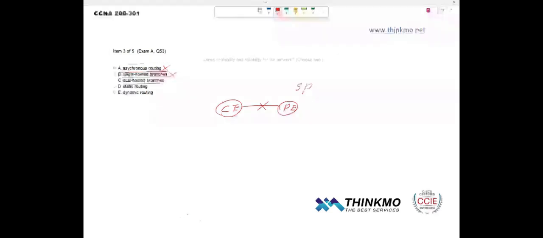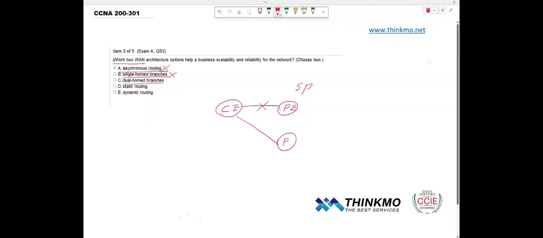Then dual-homed access is correct. With dual-homed access, if the top connection is cut, my data can go through this side. Additionally, static routing is incorrect. With static routing, it cannot achieve automatic switching. Then dynamic routing is correct. If the top connection is cut, I can switch to the lower route.